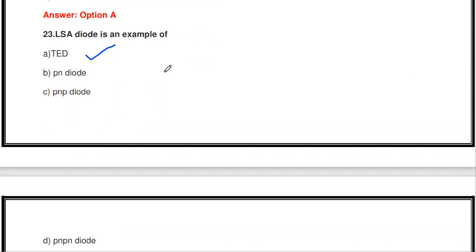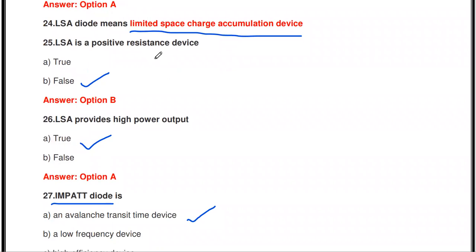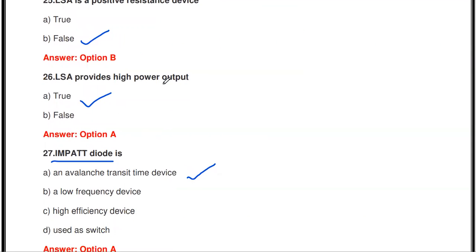The LSA is also an example of a TED, similar to the Gunn diode. This LSA is also a negative resistance device. LSA produces high power output. That is the advantage of LSA over Gunn diode. The last question we discussed, what is the advantage of LSA over Gunn diode? It produces high power output.